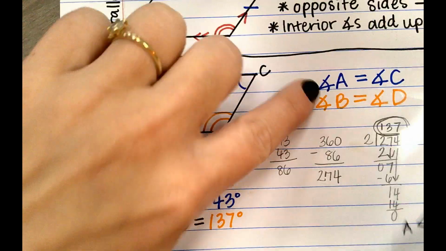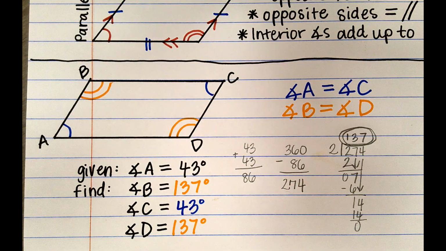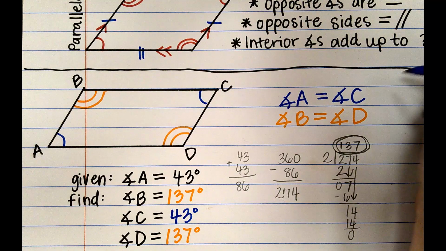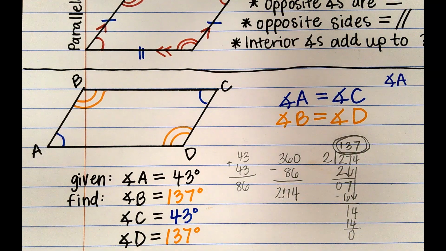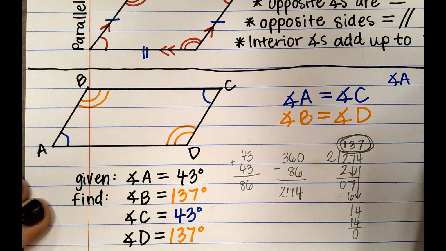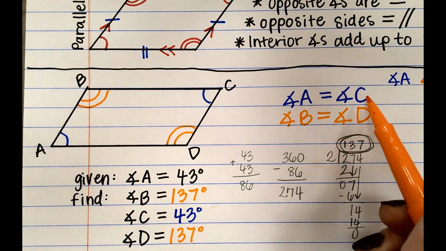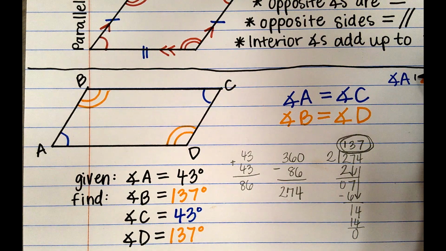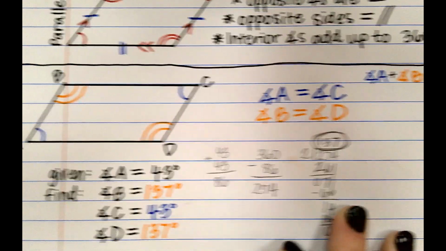So something I can write over here is that A plus B is 180, or A plus D is 180, or C plus B, C plus D. I can do any of the blue angles plus any of the orange angles, because those are equal. And they will add up to 180 degrees.